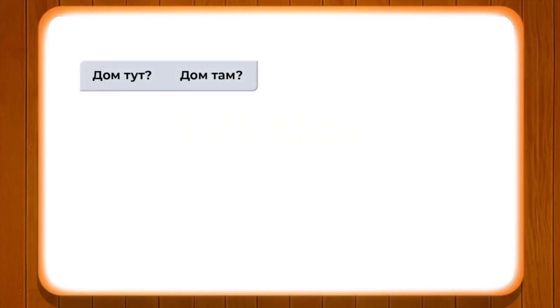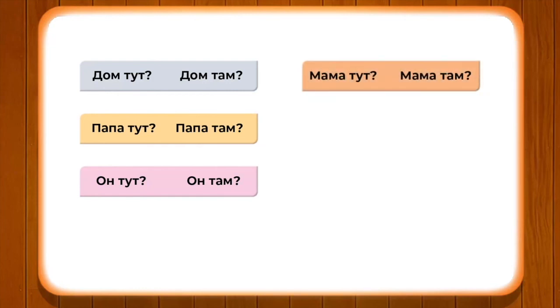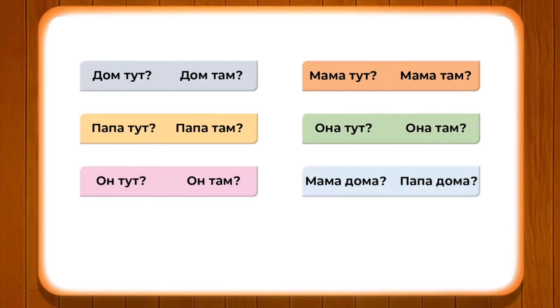Dom тут, dom там, папа тут, папа там, он тут, он там, мама тут, мама там, она тут, она там, мама дома, папа дома, она дома, он дома. You can see how these tones are going high or low depending on the different sentences.